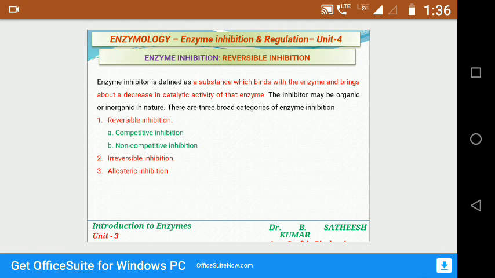To start with, the first one is reversible inhibition. Before that, we are going to discuss what an inhibitor is. An inhibitor is a molecule or a substance which inhibits the activity of the enzyme. The substrate finds the active site, binds, and forms the product, but the inhibitor also binds the enzyme molecule and inhibits its activity, so the enzyme will no longer work to catalyze the enzymatic reaction.